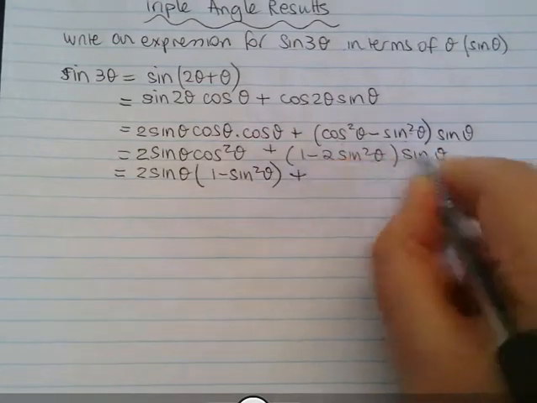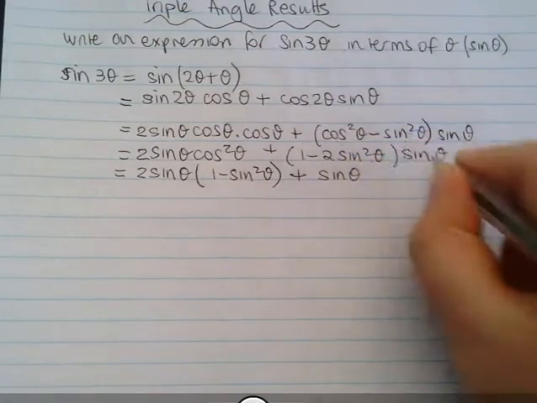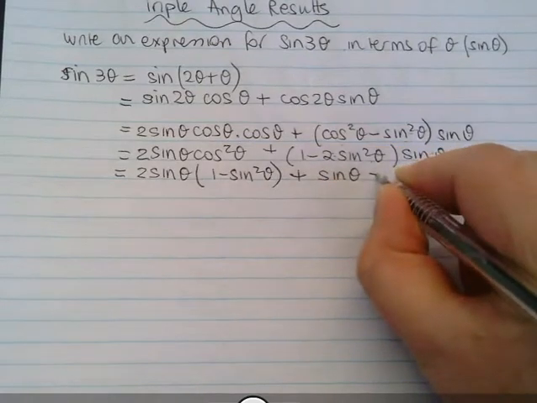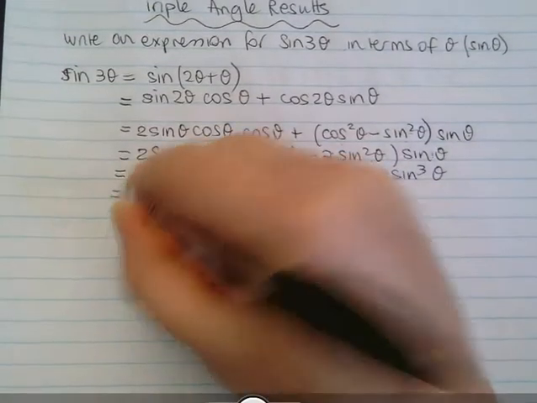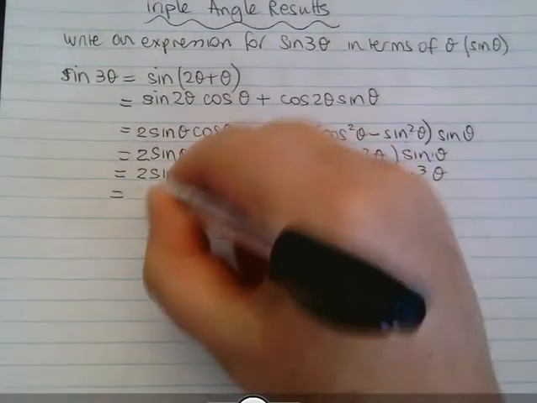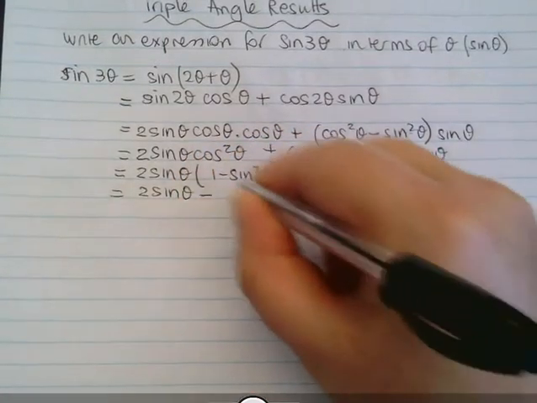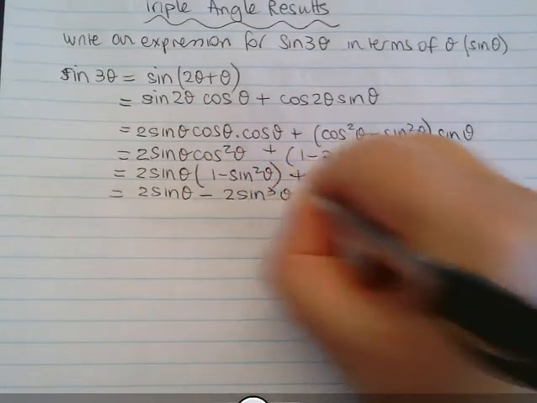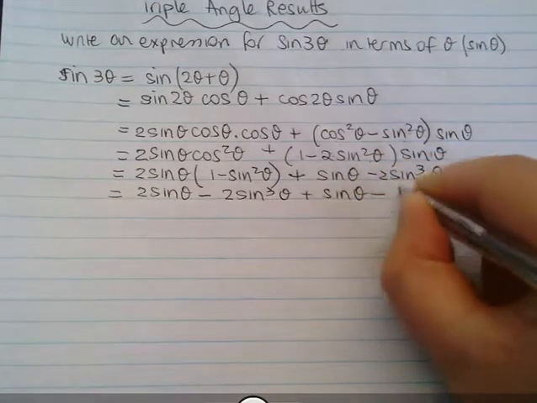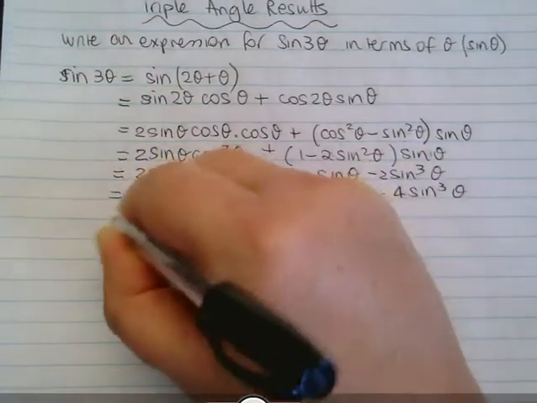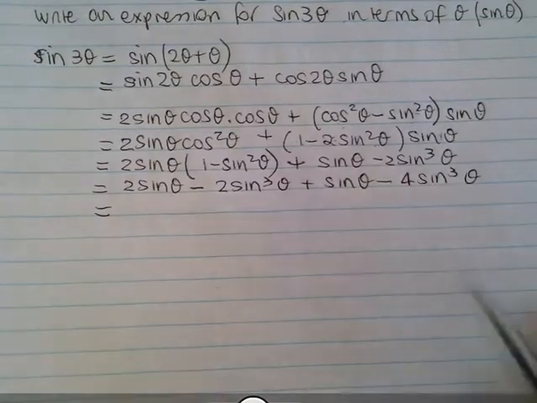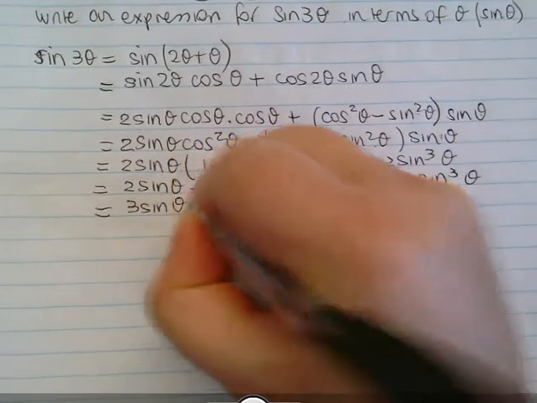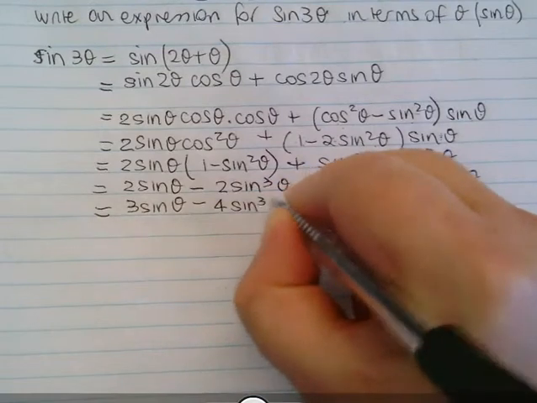So let's expand. What have we got? Plus sine theta, minus 2 sine cubed theta. And let's expand the first bracket as well: 2 sine theta minus 2 sine cubed theta plus sine theta minus 2 sine cubed theta.